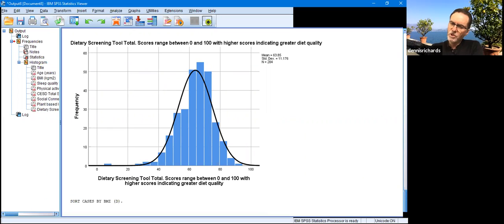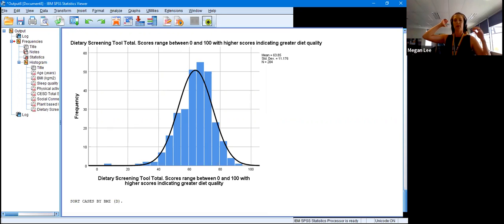Can you just explain that again? What do you mean reversed? Okay, so the dietary screening tool is a pre-validated questionnaire on diet quality. It asks, how many times a week do you eat this type of food, in each question. And then it gives the participant a score between 0 and 5 for each food type, rating how healthy that food type is.